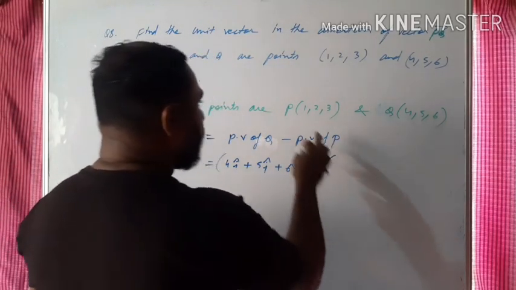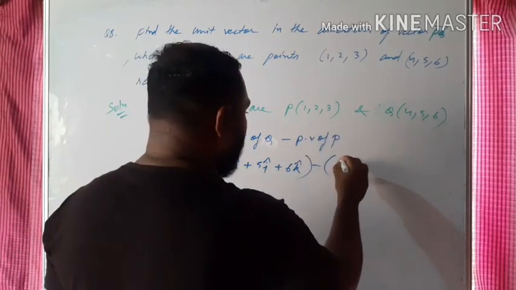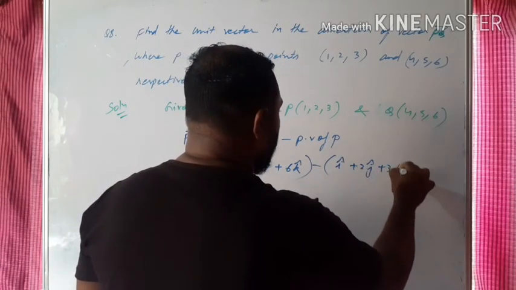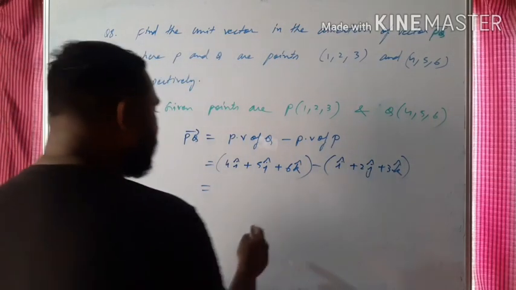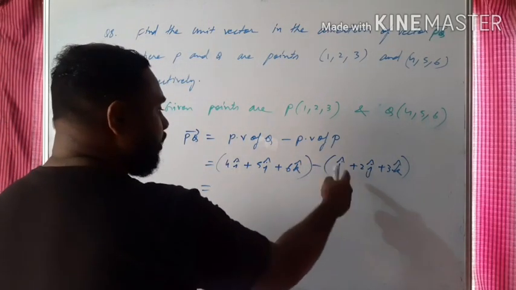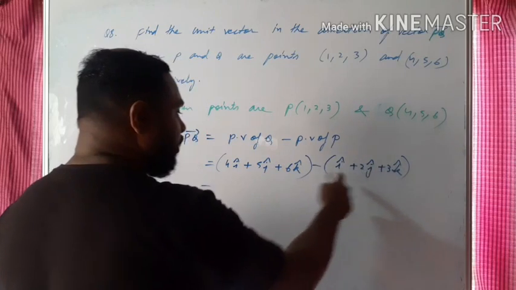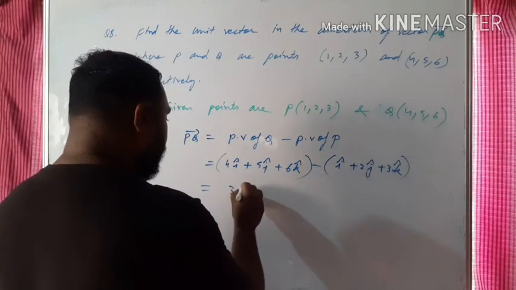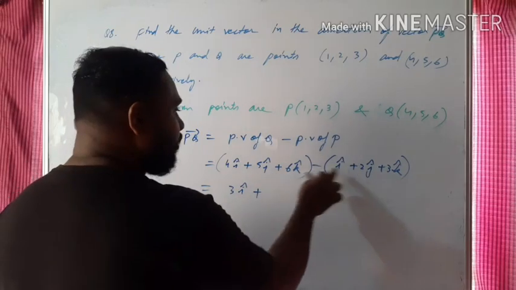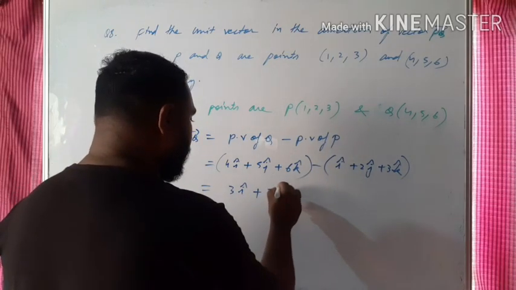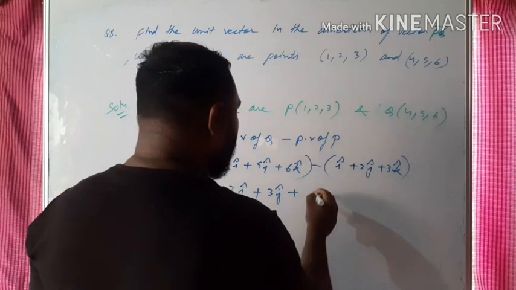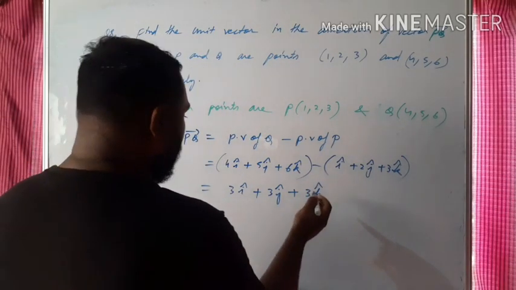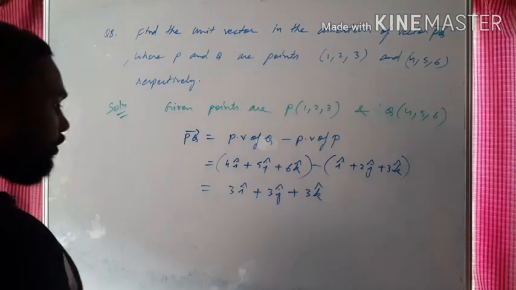Minus the position vector of point P, which will be i plus 2j plus 3k. After that you subtract; 4 minus 1 will be 3i, 5 minus 2 will be 3j, 6 minus 3 will be 3k. So this is the PQ vector.